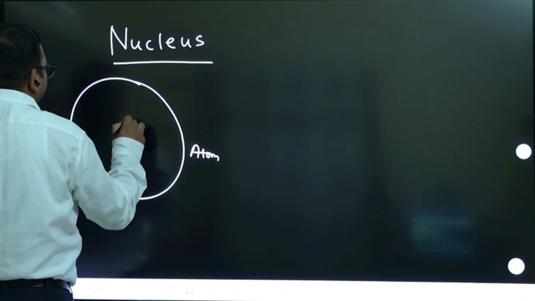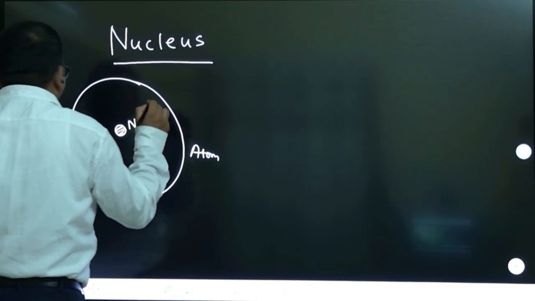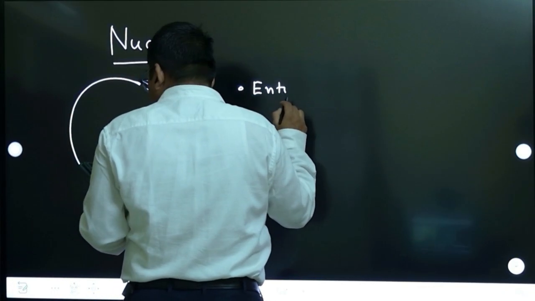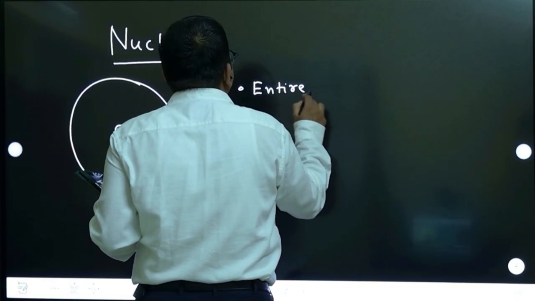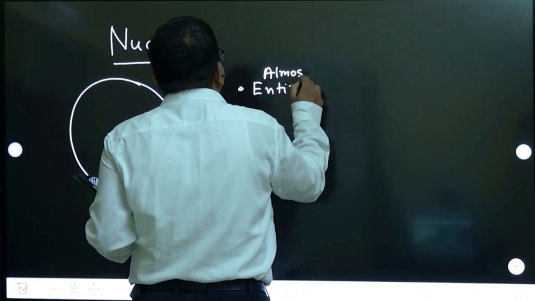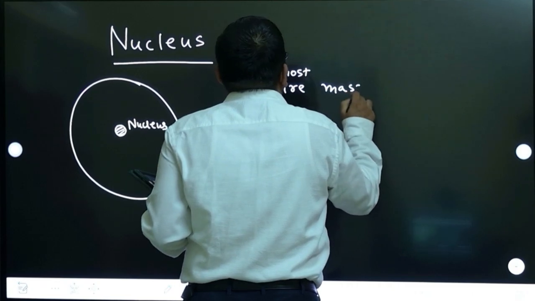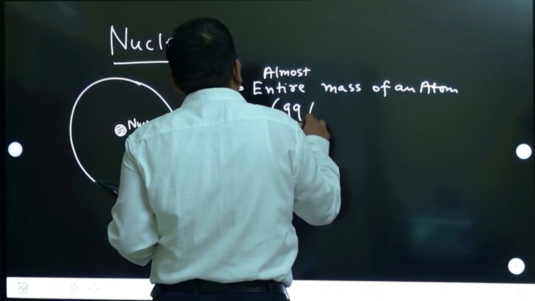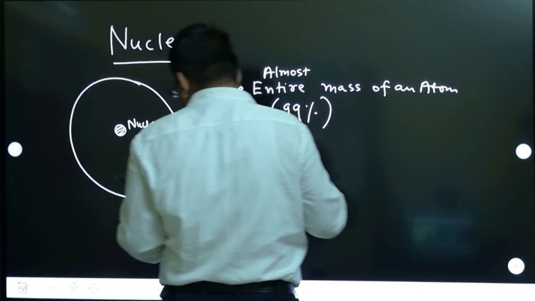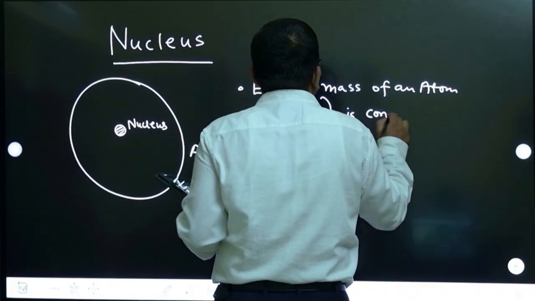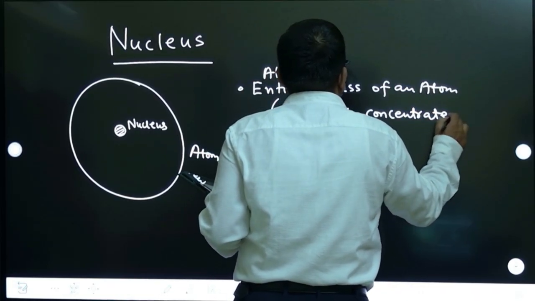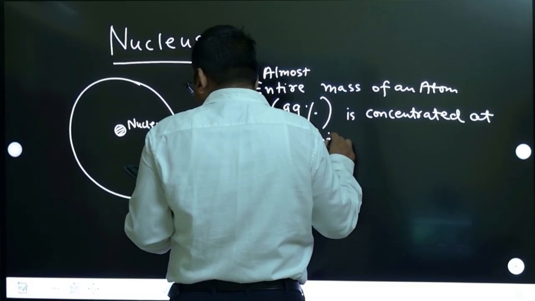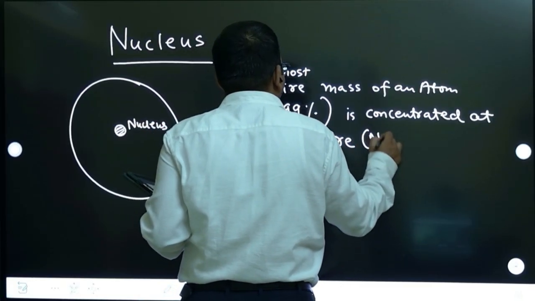So first of all we should know that almost the entire mass of an atom, that means 99%, is concentrated at its center, which is the nucleus.